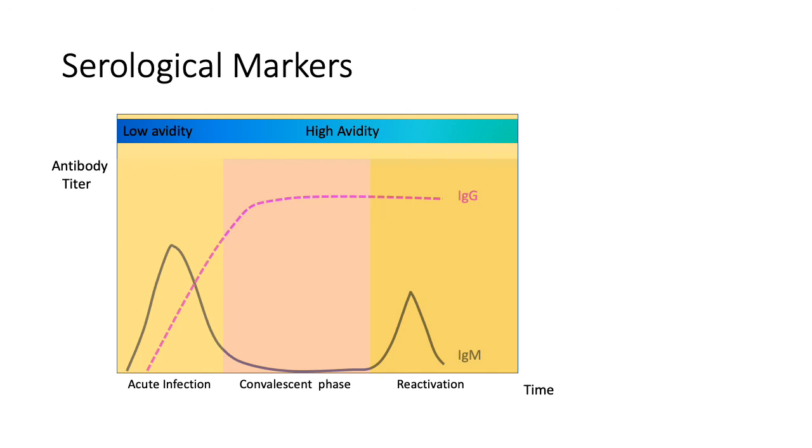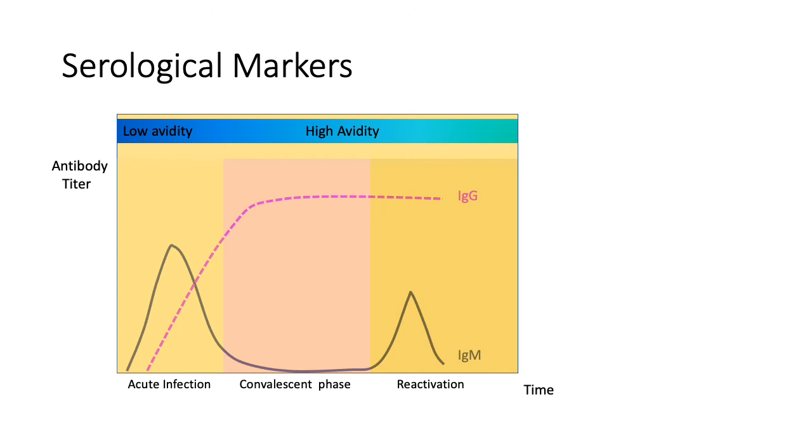Serologic tests for antibodies, both IgM and IgG, by indirect ELISA or indirect immunofluorescence are supportive in the diagnosis, but do not stand alone.